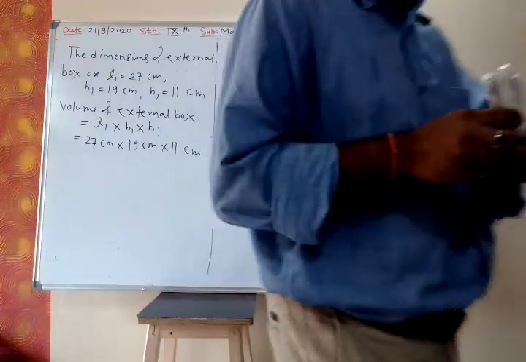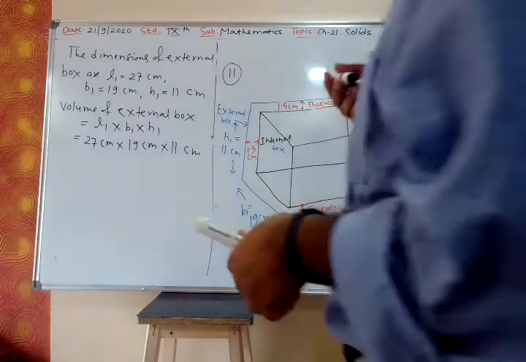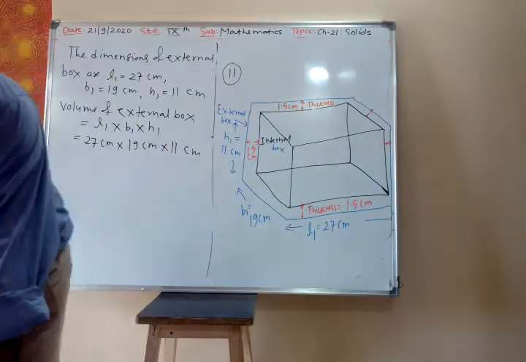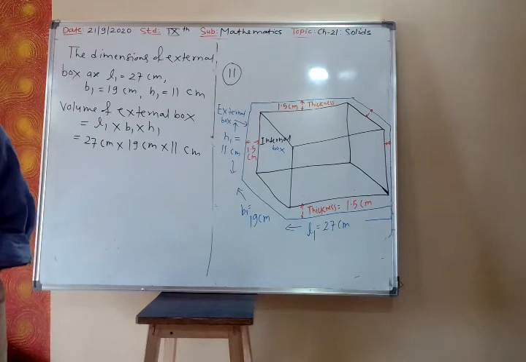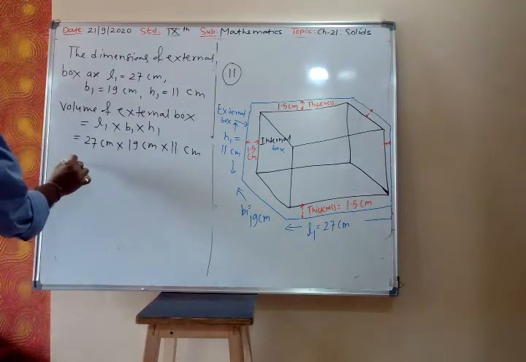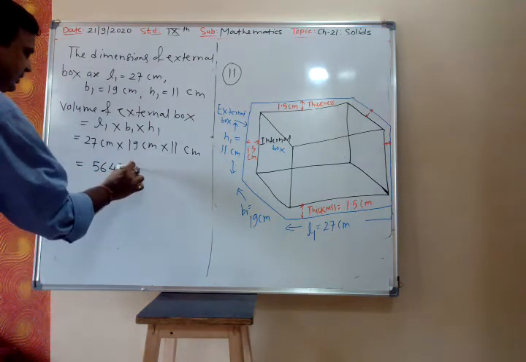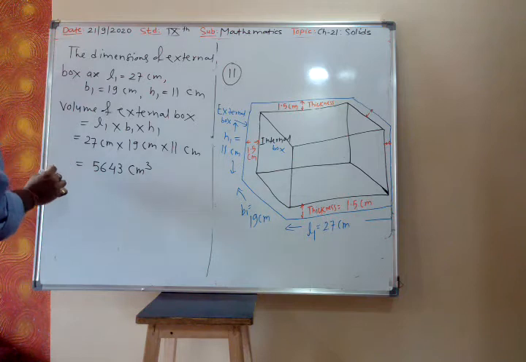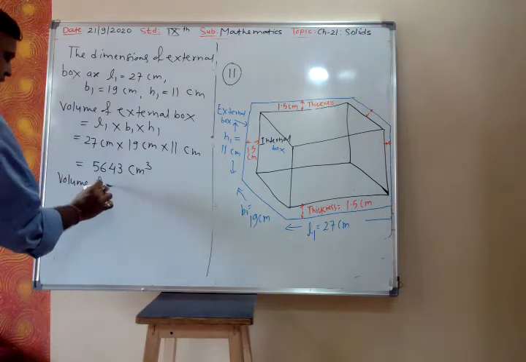Multiply 27 into 11 into 19. So that will be 5643 centimeter cube, and this is the volume of the external box.